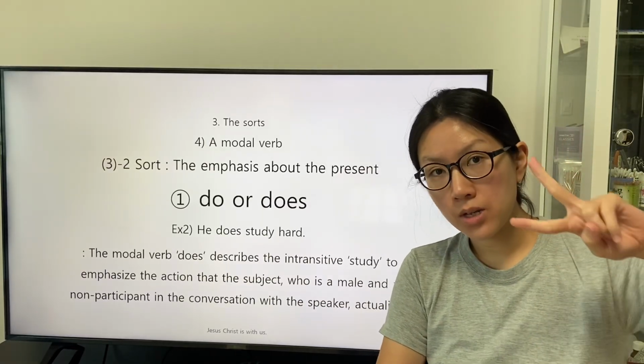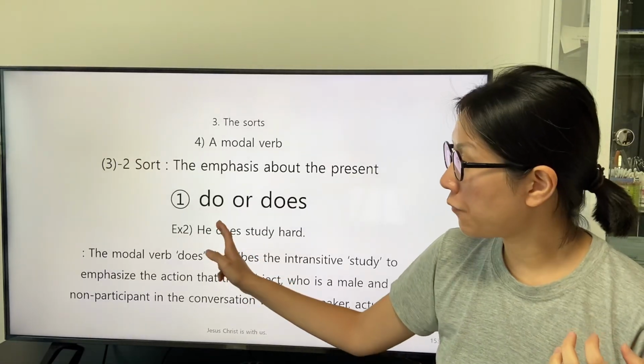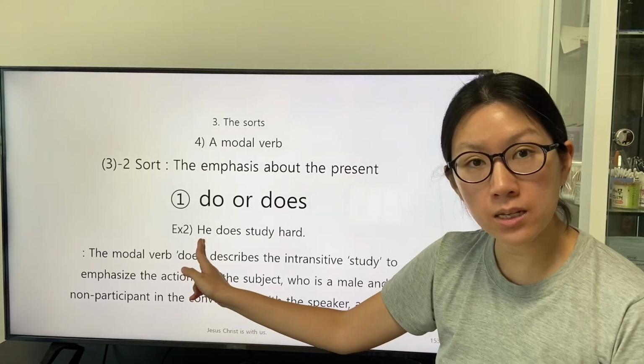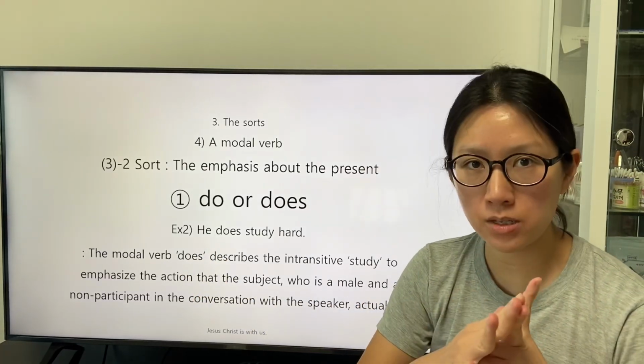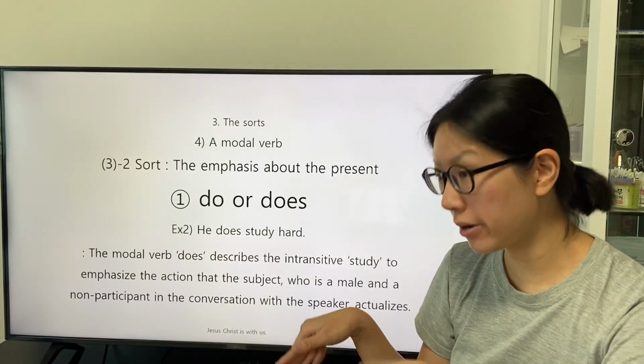There is the second clause, he does study hard. The form of the modal verb does reveals the information about the subject whose number is 1 and who does not participate in the conversation among the speaker and the listeners.